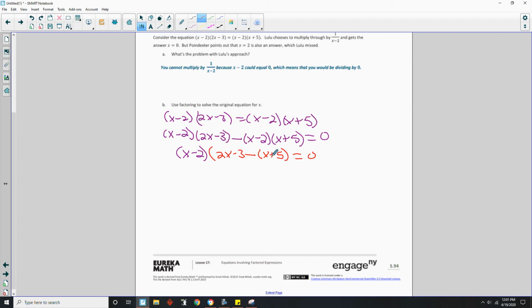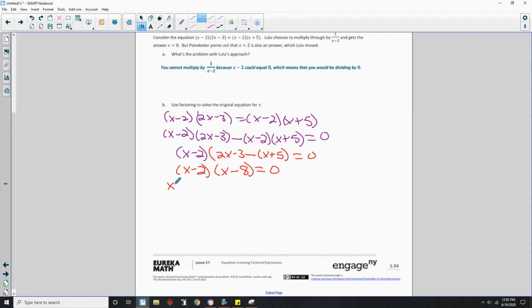Alright, so now I can simplify inside the parentheses. I'll just stay with red here. x minus 2, and I have a 2x minus x, which is 1x. And I have a -3 minus 5, which is minus 8, equals 0. So it was 2x minus x is x. -3 minus 5 is -8. So I have an x minus 2 times an x minus 8 equals 0.